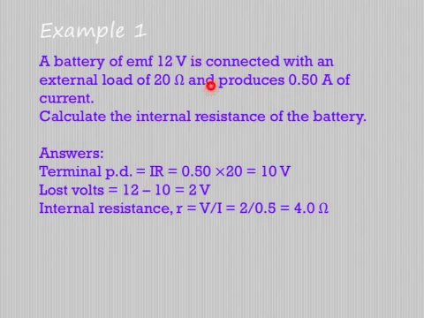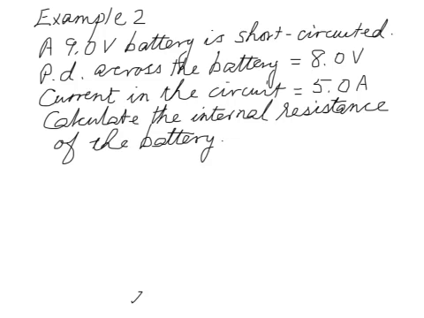This example wants you to calculate the internal resistance of the battery. You can work through it yourself, and the answers are here. The example says a 9-volt battery is short-circuited. Just highlight that, short-circuited. The potential difference across the battery is found to be 8 volts, and the current in the circuit is 5 amps.